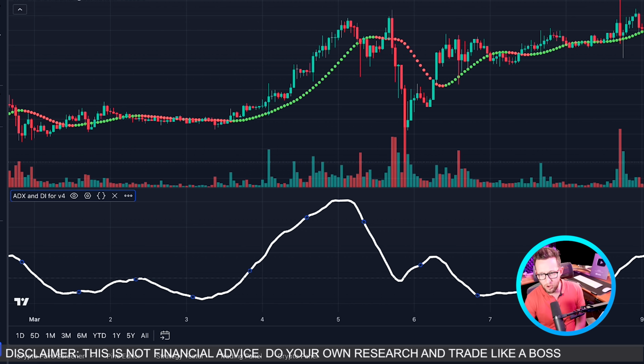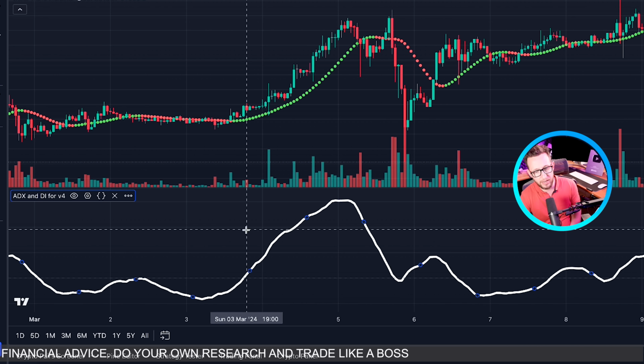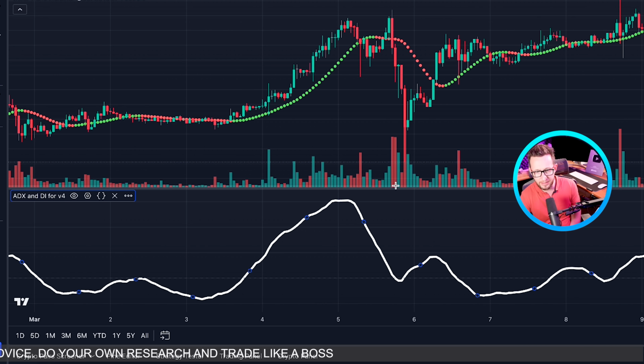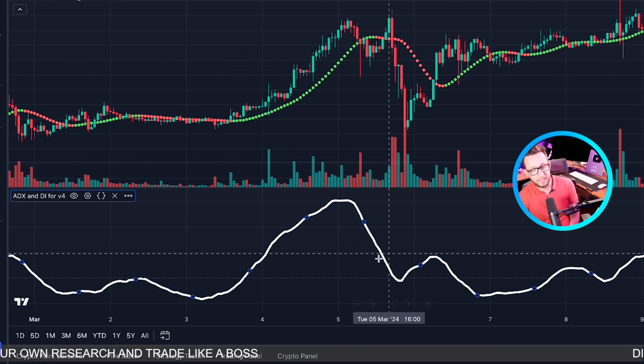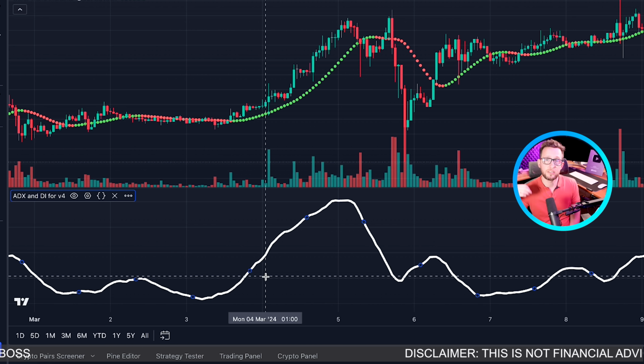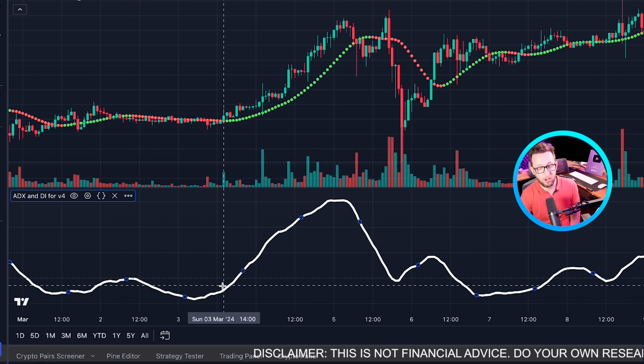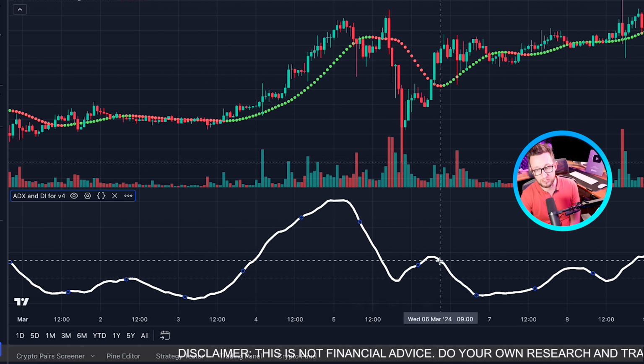I'm then going to go over to this little area. As you can see, this white line here moves around in this separate panel. The ADX doesn't tell you in which direction to trade. It actually just tells you whether there's enough volatility in the market to actually take a trade. So whether it's a long or a short, we'd like our ADX to be over a certain level.